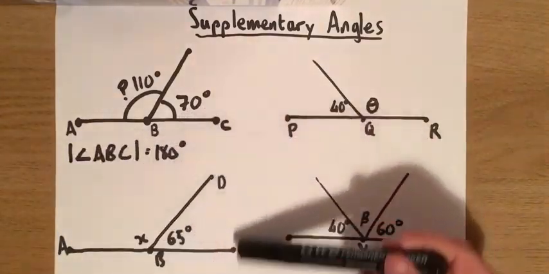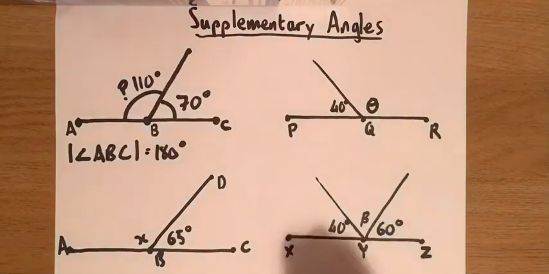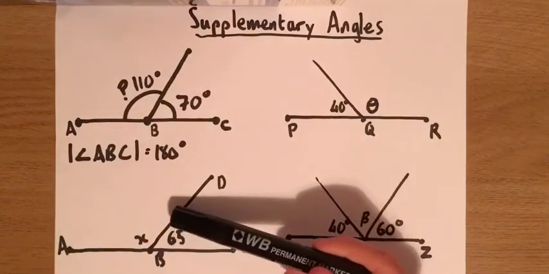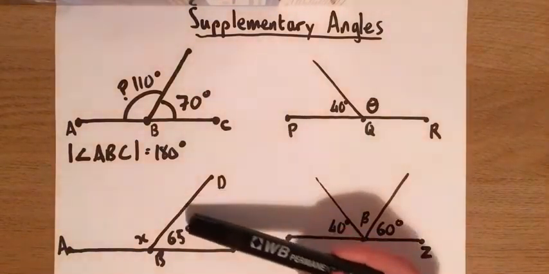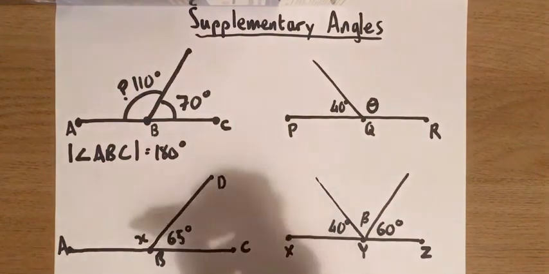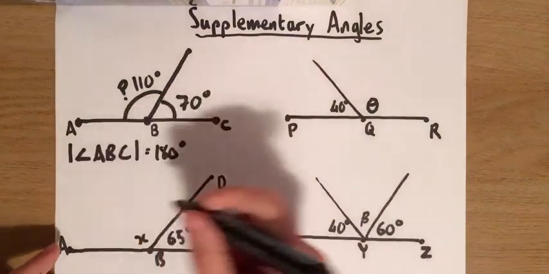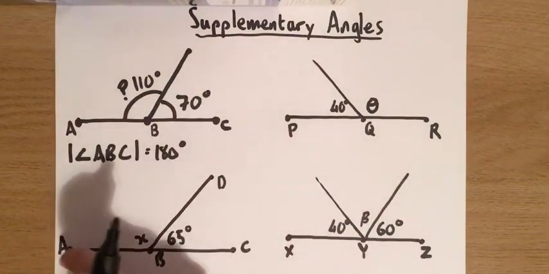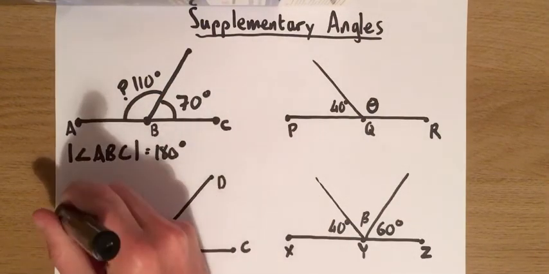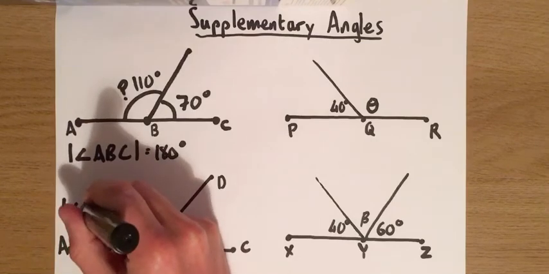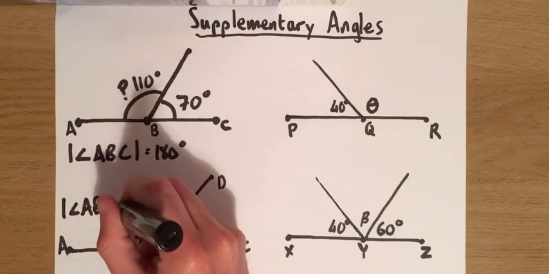So just looking at this one down here. The question gives me this. I'm told this is 65 degrees here. So how big is the angle at X? Or another way of writing that is the angle ABD. Just to revise that.